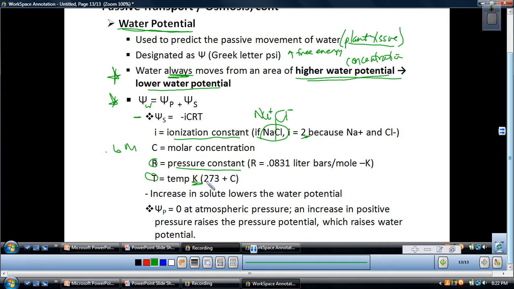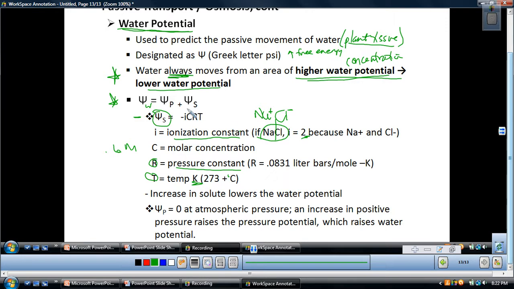And so Kelvin is 273 plus the degrees Celsius. And so negative i times CRT is going to be equal to your solute potential. So once you figure that out, the solute potential plus the pressure potential is what water potential is equal to.